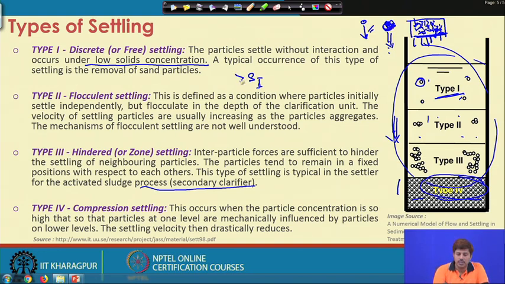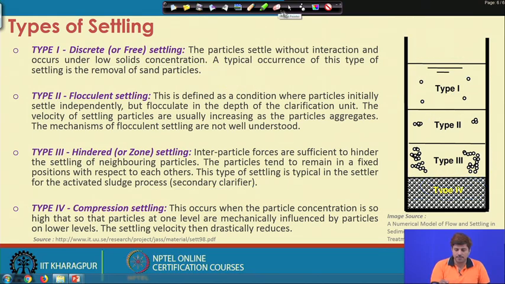So, the settling velocity of type 2 settling is higher than your type 1 settling. Velocity we can refer to as V also. So, the settling velocity of the particle in type 2 is greater than the settling velocity of the particle in type 1.